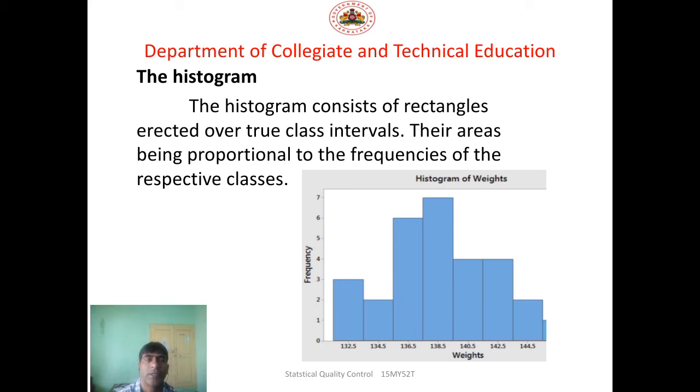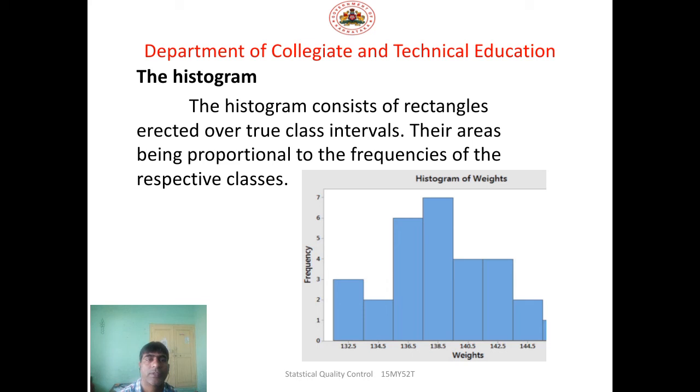See here, in histograms we draw rectangles that are erected over the true class intervals. The width of the rectangle is the class interval, and the height is equal to the frequency of that class.